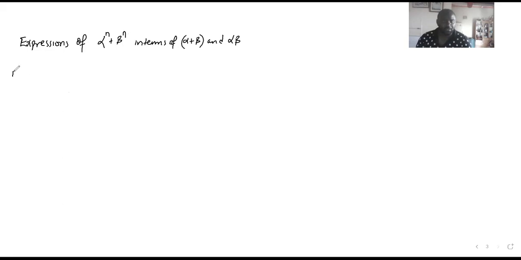The first one we are going to see is if I have alpha squared plus beta squared, how can I have this simplified?